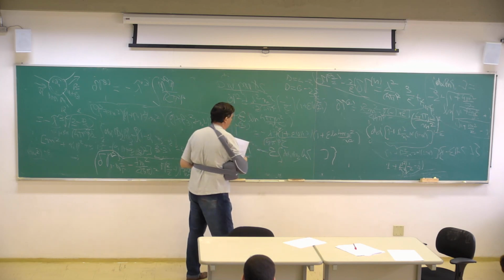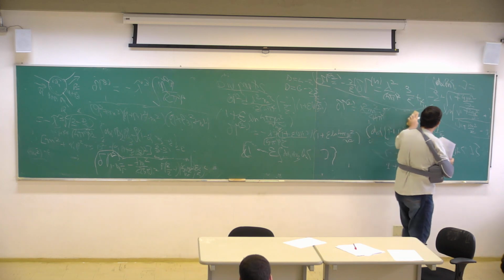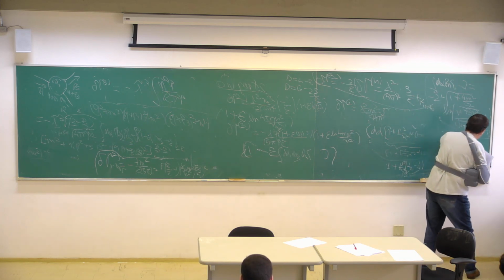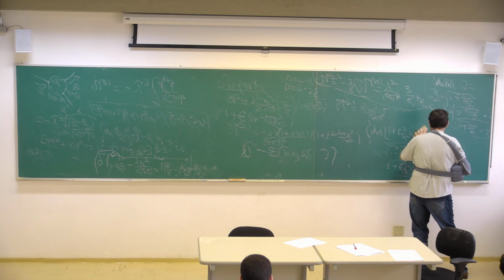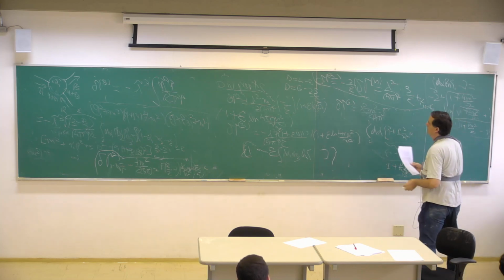So let me write down in a corner the divergent parts for phi cubed.